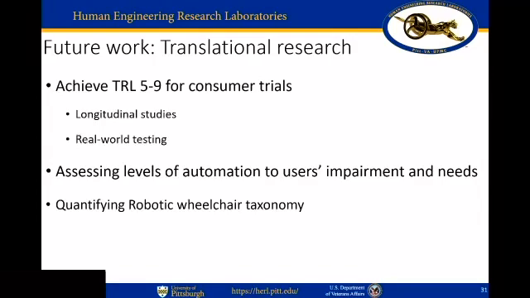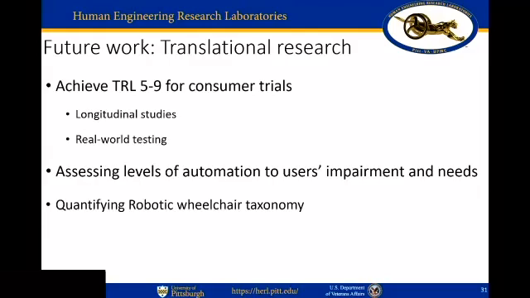Okay, and the next steps for this is we actually want to move it from research more into the market, right? So we wanted to move from readiness level 5, which is where MiWit is right now, to readiness level 9, to use it in real world environments, test it with end users, and have more long-term studies as well.